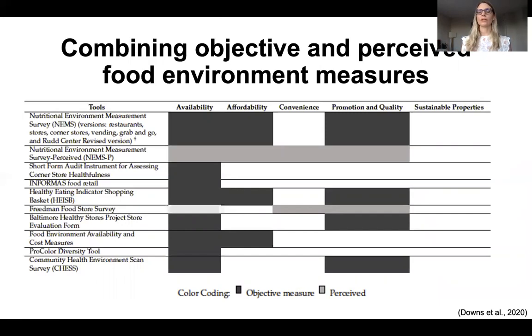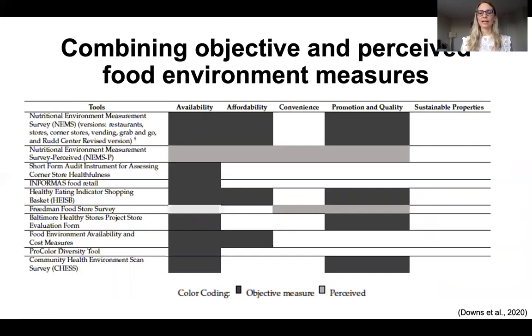And so we have a table that includes a list of all the tools that measure different components of the food environment. And then on top of that, we've looked at whether or not they're objective or perceived measures of the food environment.